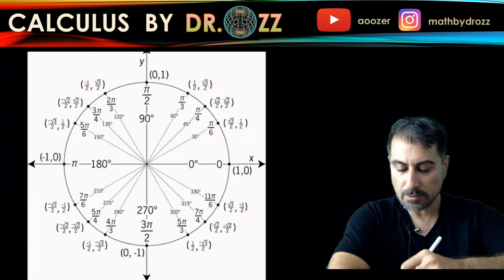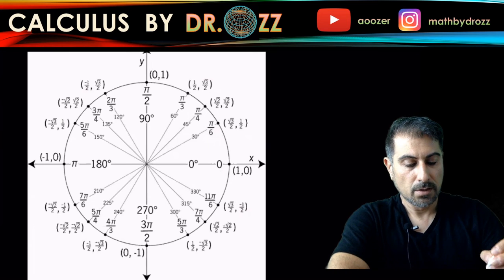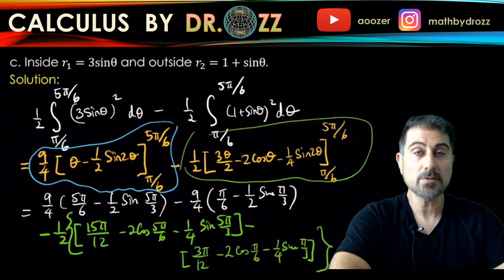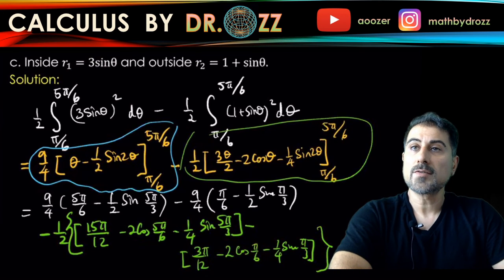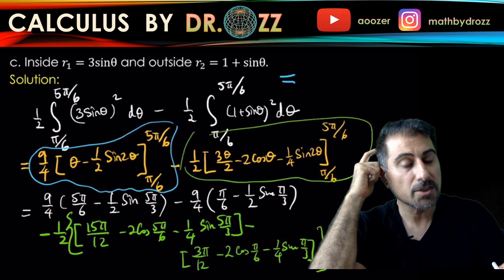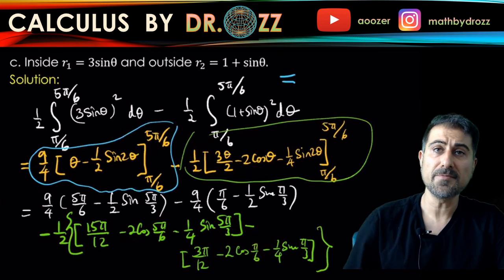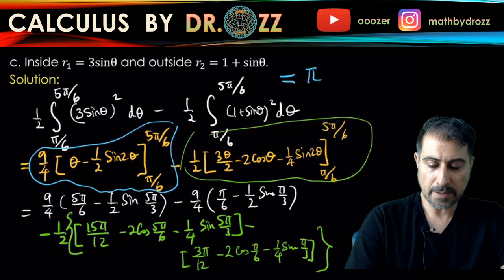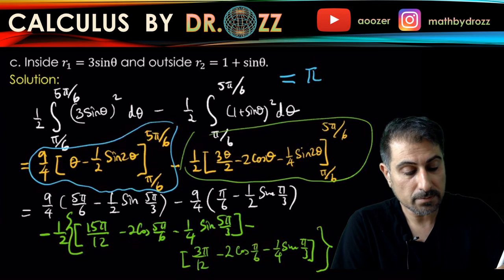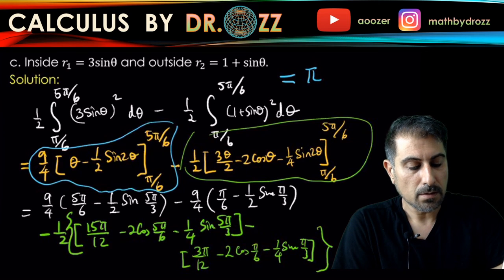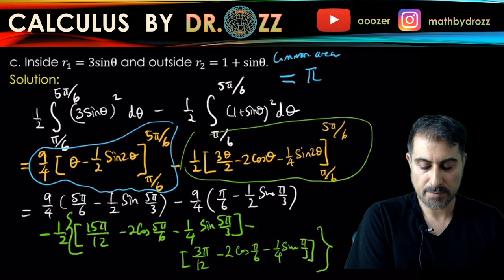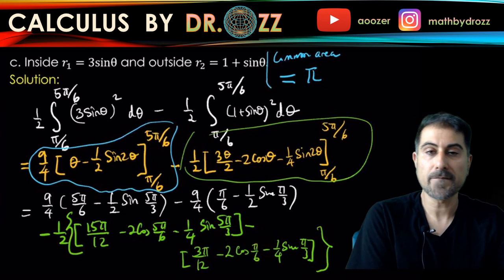I'm just going to write down the result here. After you simplify everything, the area of the common region has to be just pi. So this is equal to pi for your own reference.